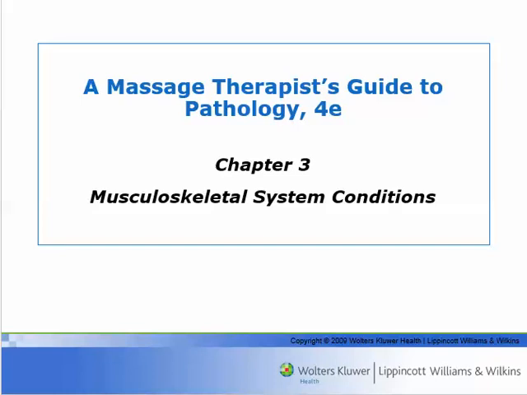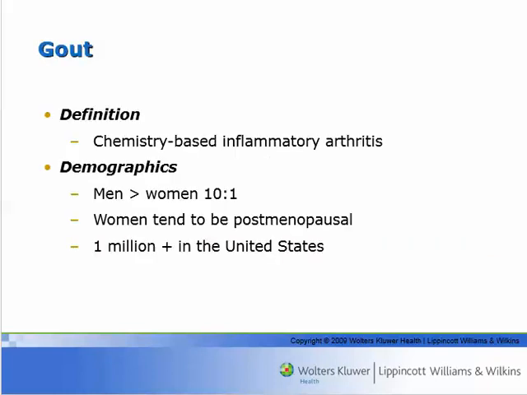So this is a presentation on gout. Now, gout is a metabolic disorder, but most people see it as an arthritis because of the clinical presentation of it. It's a metabolic disorder because it changes blood chemistry due to metabolism.